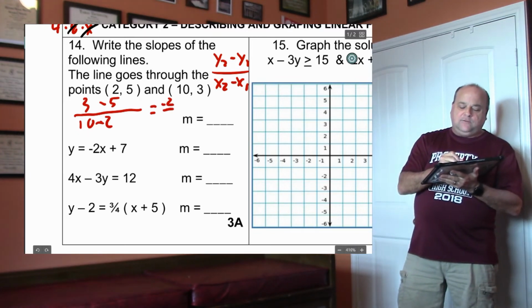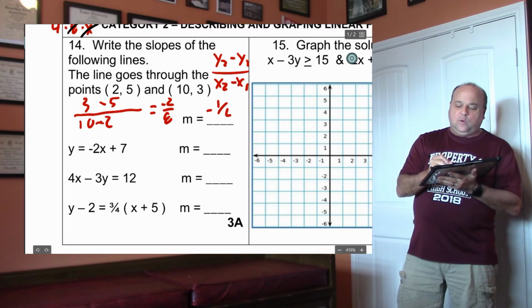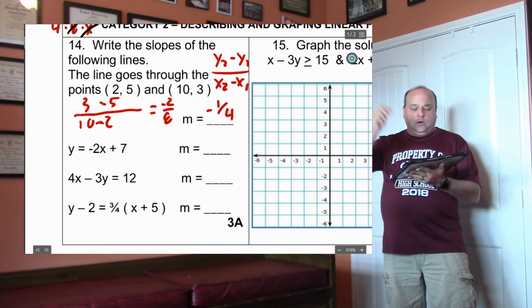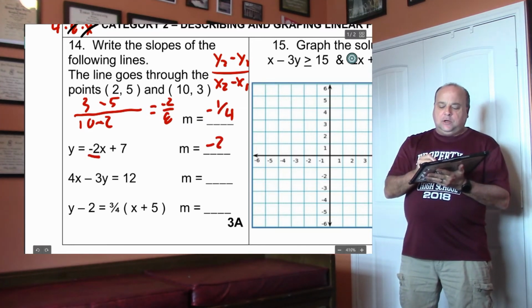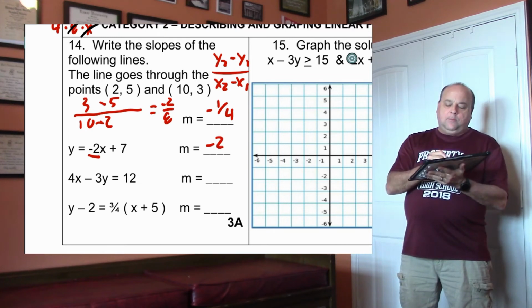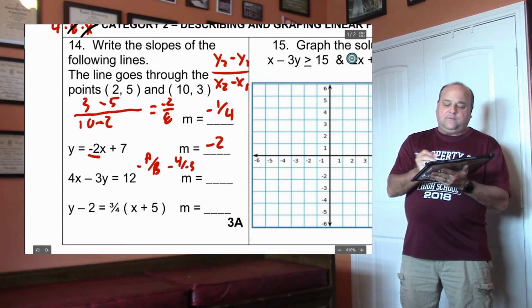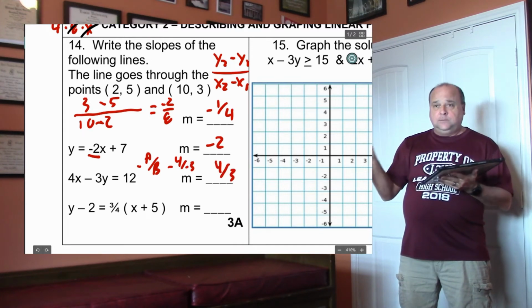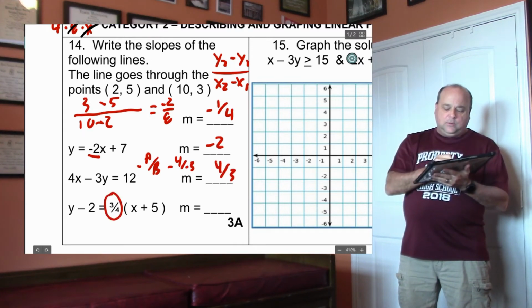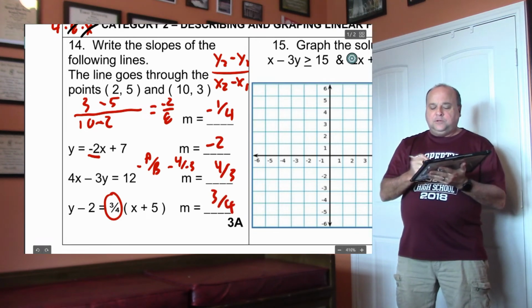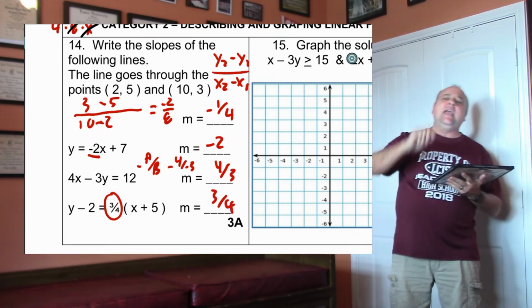It's going to give you negative 2 over 8, which is negative 1/4. Going down to the next one, this right here is my slope, negative 2. Right here, remember, it's negative a over b, which is going to be a negative 4 over negative 3, which is a positive 4/3. And then on the last one right here, this is point slope. My slope is right here. Piece of cake.